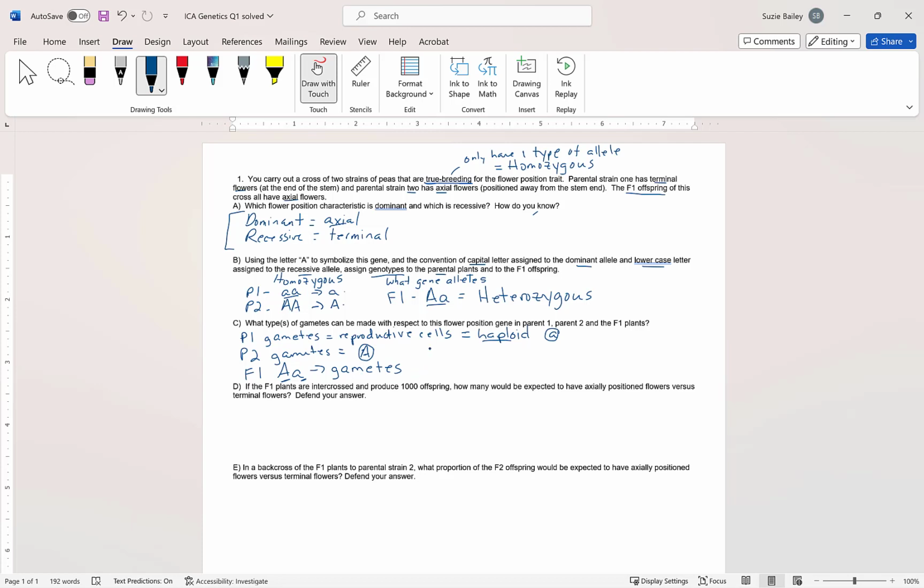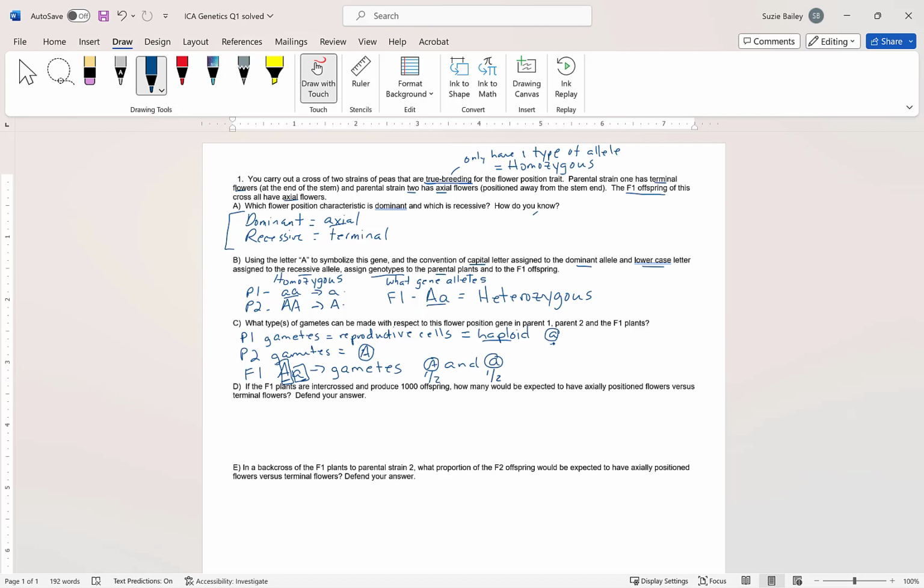Their gametes are going to be haploid and either contain that dominant allele or that recessive allele, and in 50-50 proportion, right? So half of their gametes are going to contain 1 allele, half of their gametes are going to contain the other.